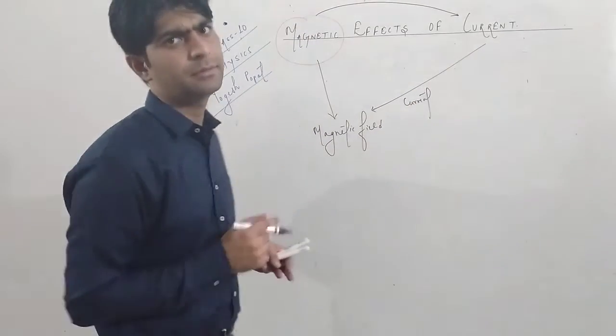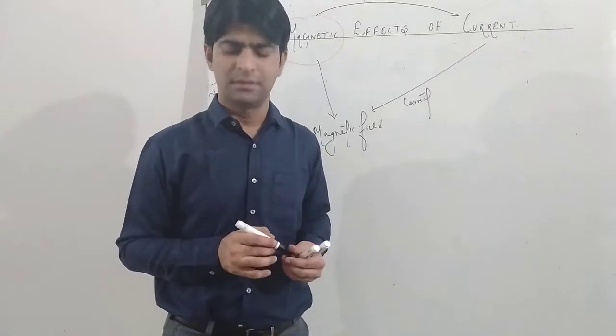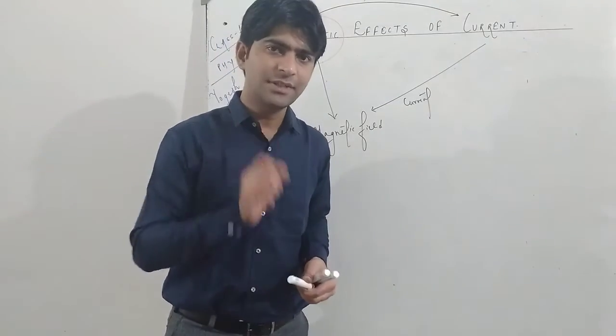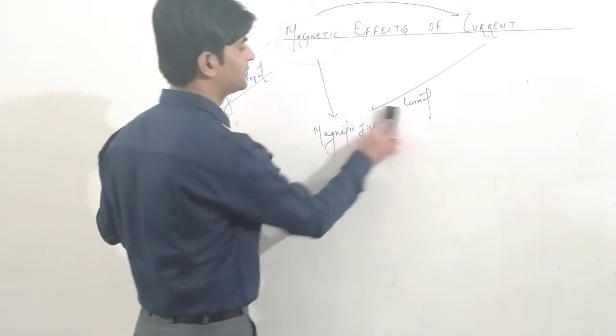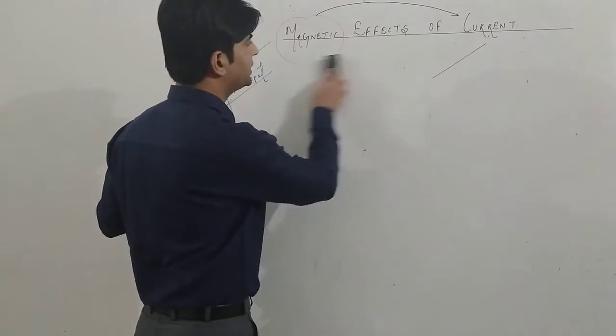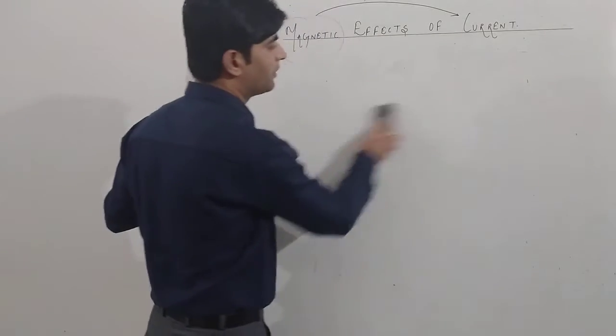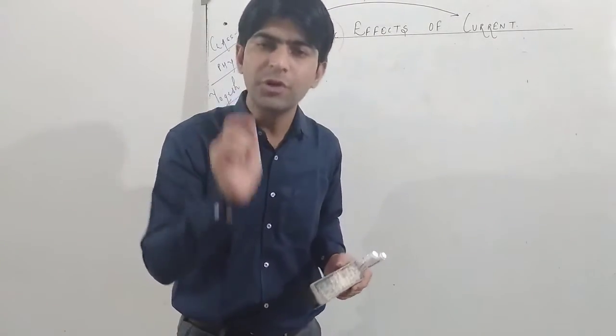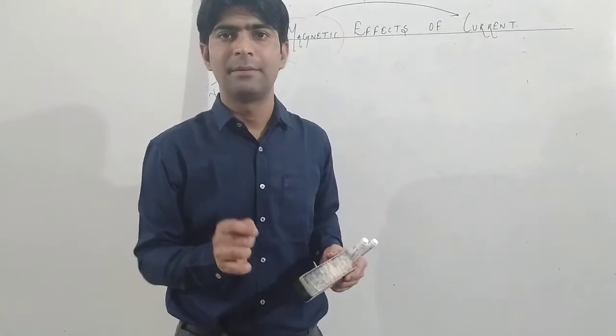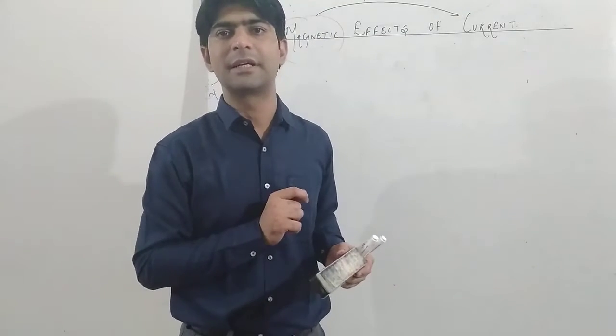Now to demonstrate this, the experiment name is Oersted experiment. Christian Hans Oersted was a scientist, and he demonstrated this experiment, and we will also demonstrate it, in which I can show you that actually a magnetic field is produced near a current carrying conductor.